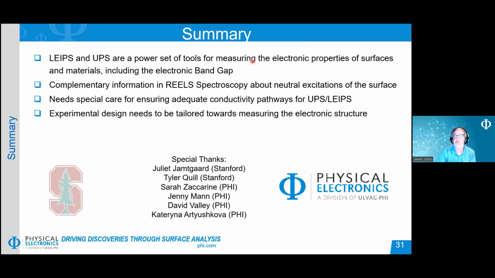And that means that you need to design your experiment towards measuring the electronic structure of the material, rather than taking an experiment where you do XPS and just saying, oh, hey, maybe we can do LEIPS or UPS on this. If you want to measure the electronic properties of these materials, you want to start from that and then do XPS on them rather than the other way around, because they require a little bit additional care and concern.